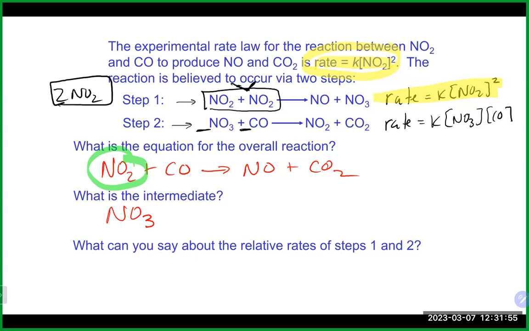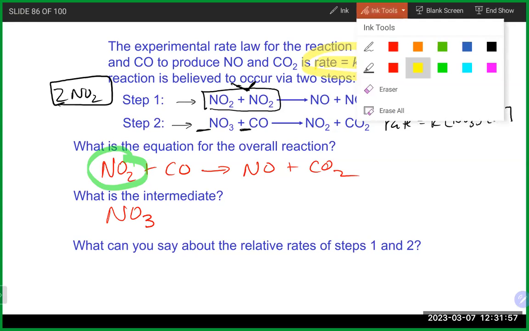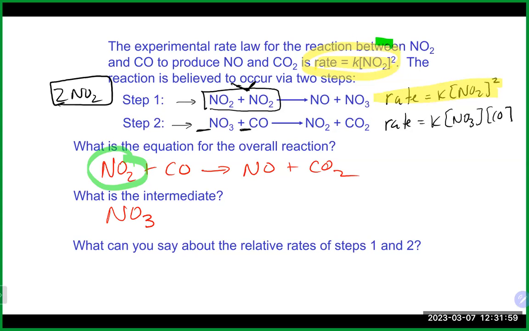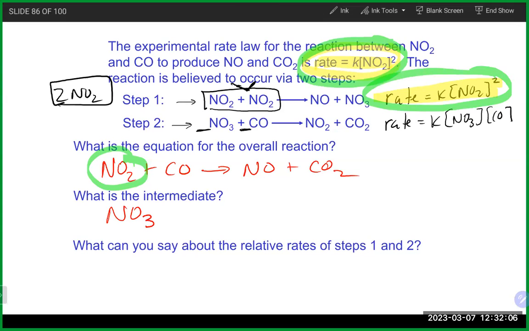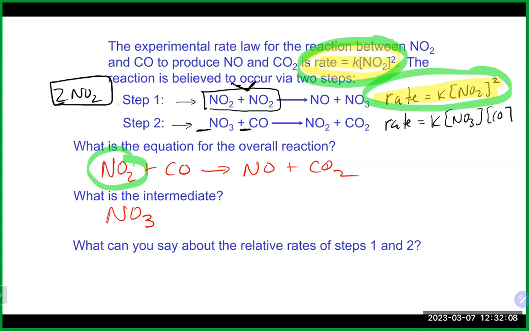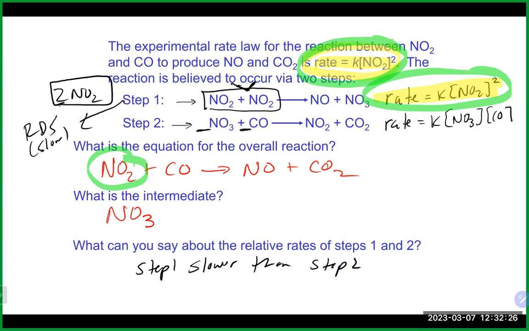Because those two match, that tells us that step number 1 is the rate determining step, or the slow step, in this mechanism. So what we know about the relative rates of step 1 and step 2 is that step 1 should be slower than step 2.